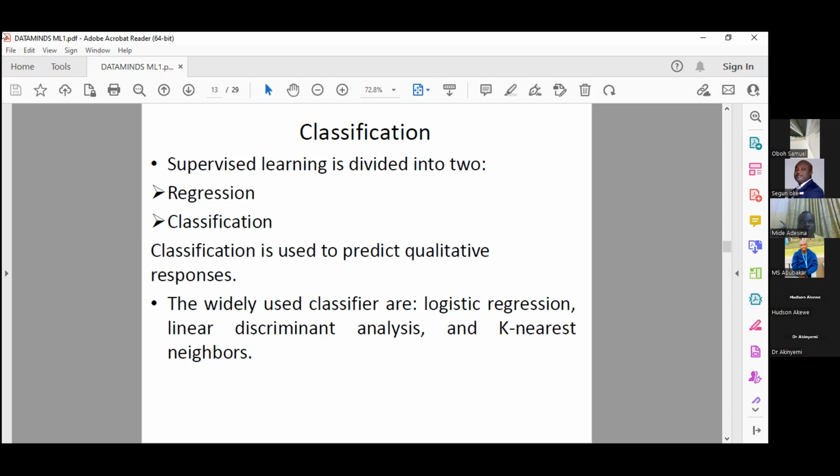If you use 10-fold and you have 1,000 data points, you are going to have 10 partitions of 100 each, and you test on one partition while you train on the remaining ones.